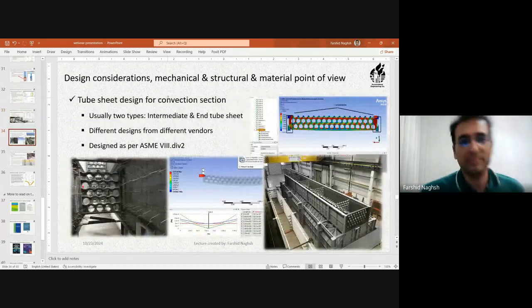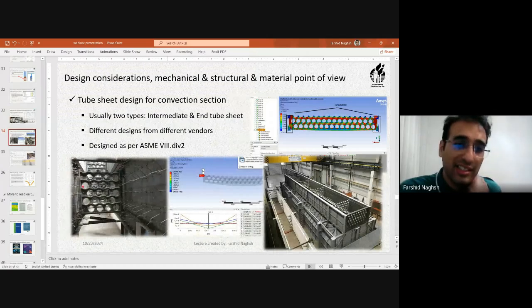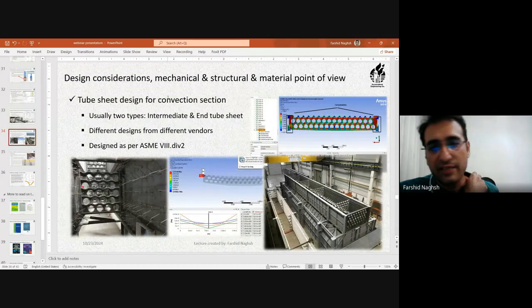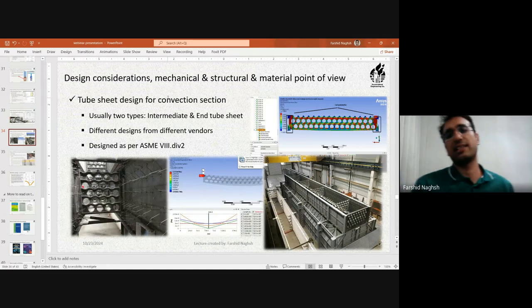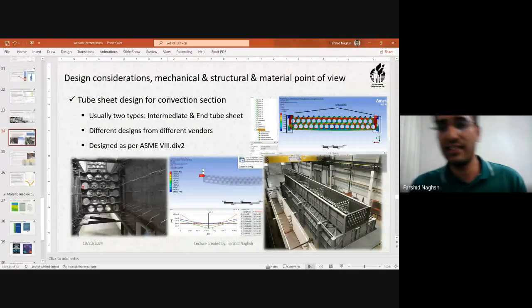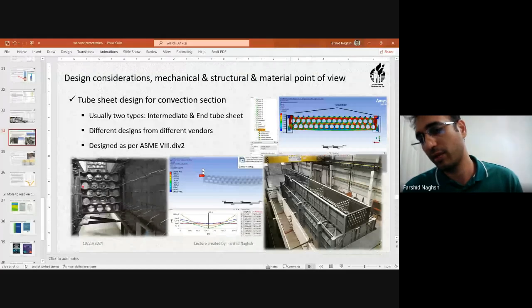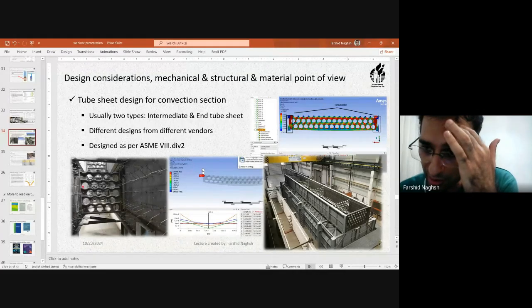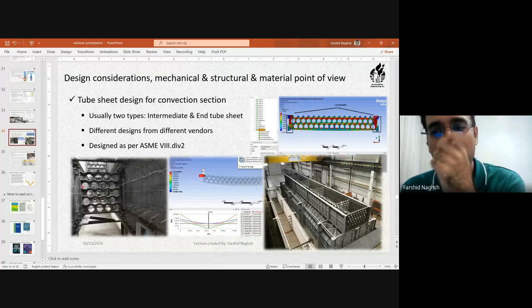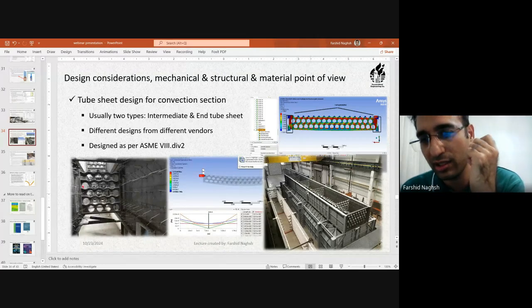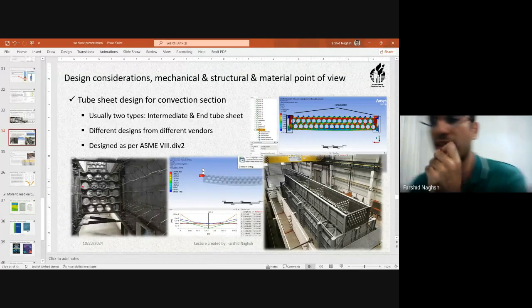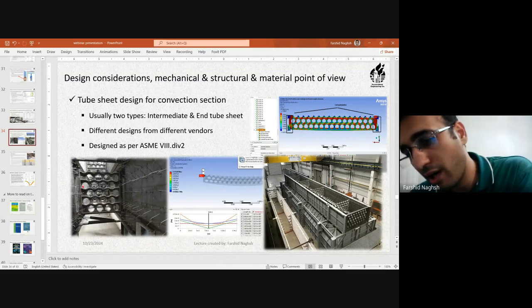Now, another important topic that a manufacturer faces inside the convection section is the design of the tube sheets. See here, see the bottom right picture. These are called the tube sheets. The tube sheets that are between the two end tube sheets are called intermediate tube sheets. They are of high alloy material.